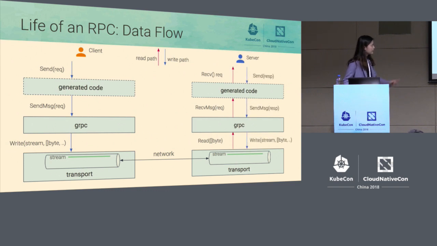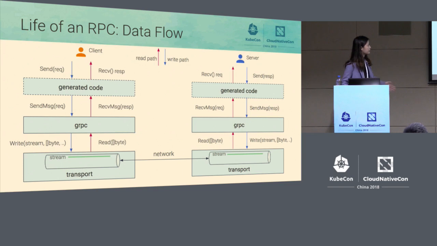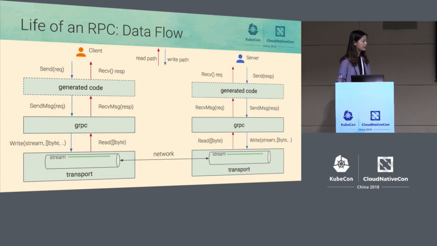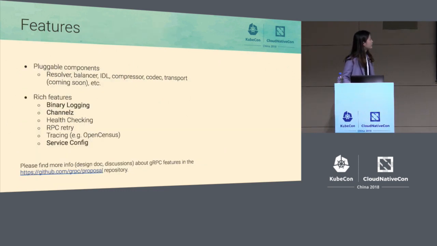And the same send and receive procedure happens for the server and the client. So basically, this is the read path and the write path of the whole RPC. And I would like to just stop here so you can look at how the RPC ends, which is very easy.